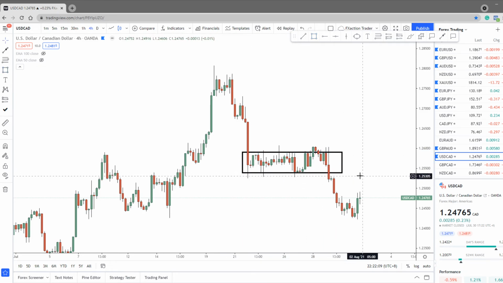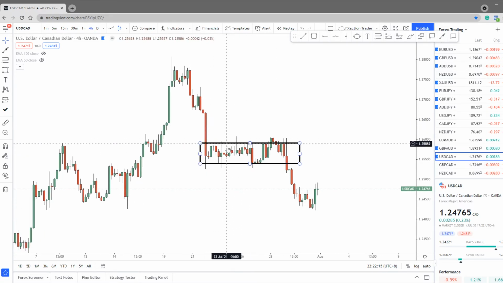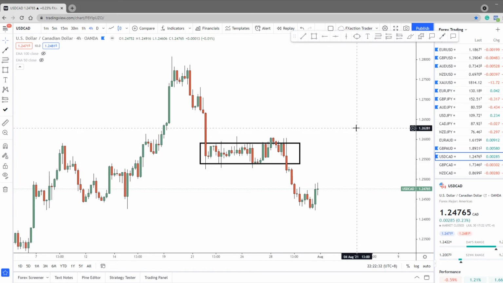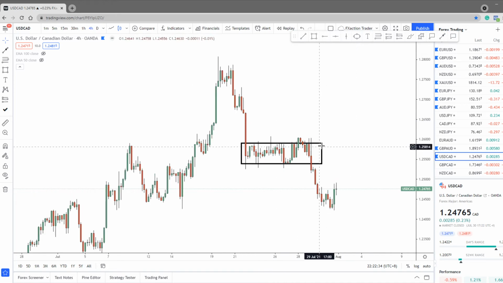Although previously the market dropped with very strong momentum, it still went into a ranging condition after this massive movement, and I had no idea what to trade on this pair before the FOMC news was released. After the FOMC news was released, the market gave a bigger picture.